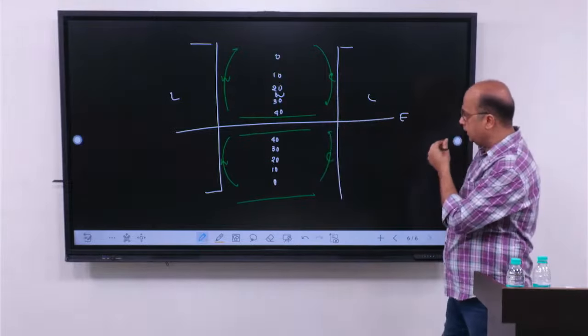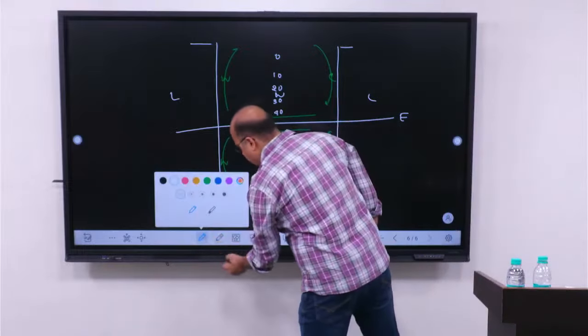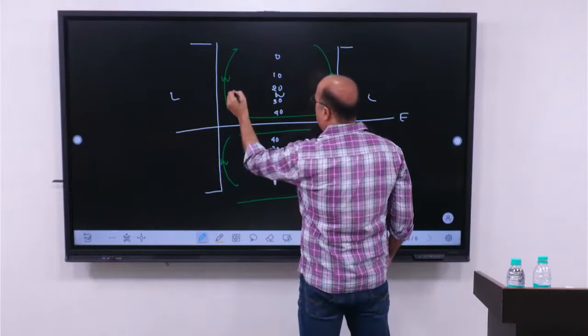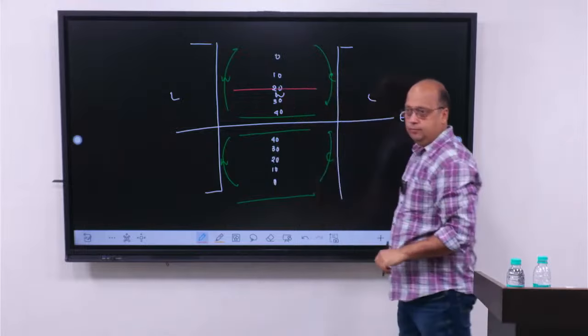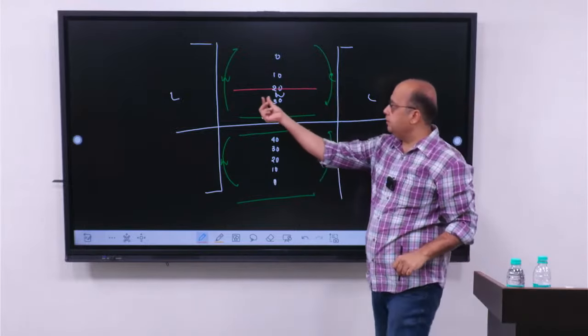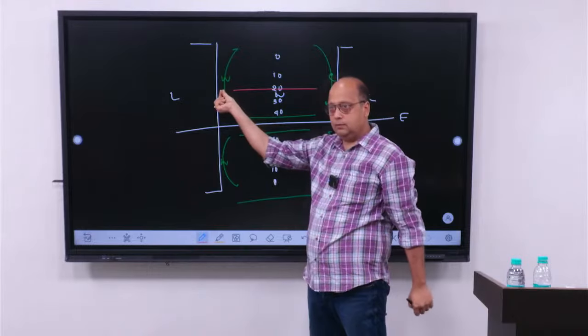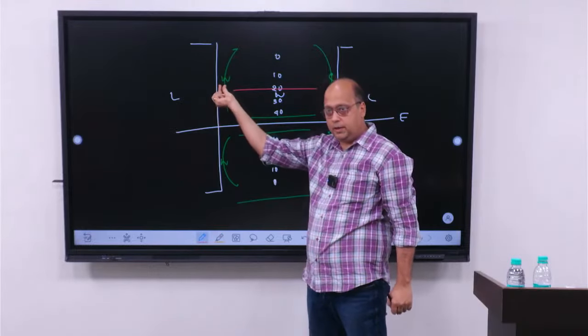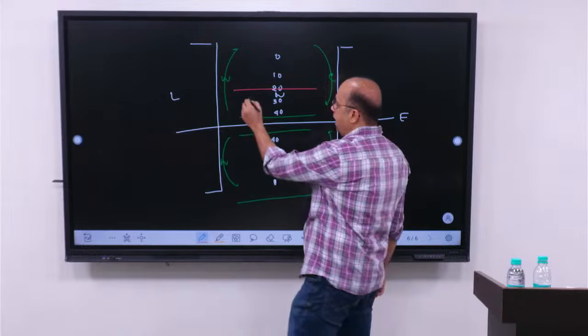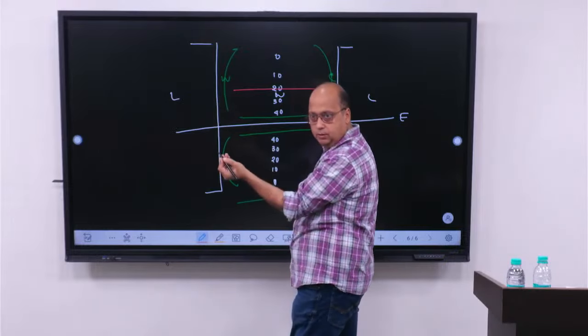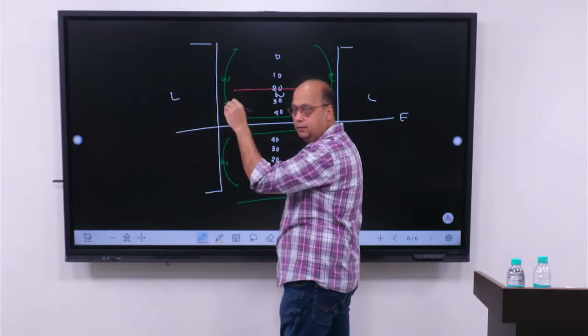So let us assume that we have an isotherm going here, like a 20-degree isotherm is moving. What would be its behavior here? Because warm water of 30 is coming, it will have an impact on the surface. So it will move where?